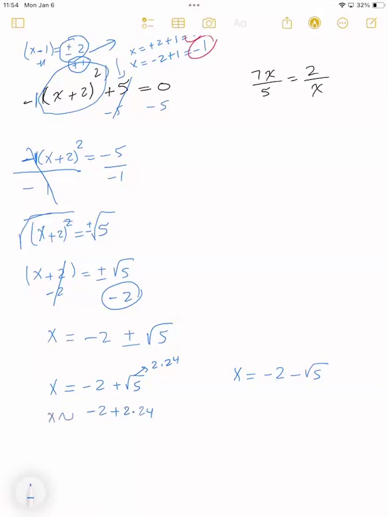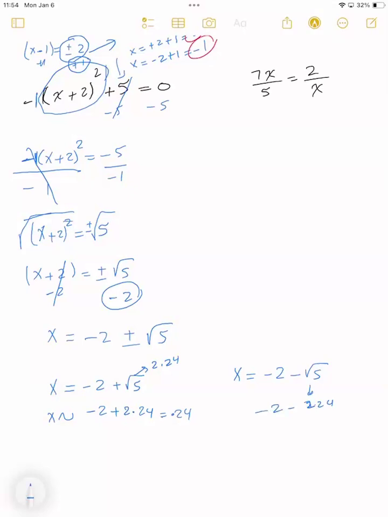That's an estimation, which is going to be 0.24 when one number is negative, one number is positive. You end up subtracting.